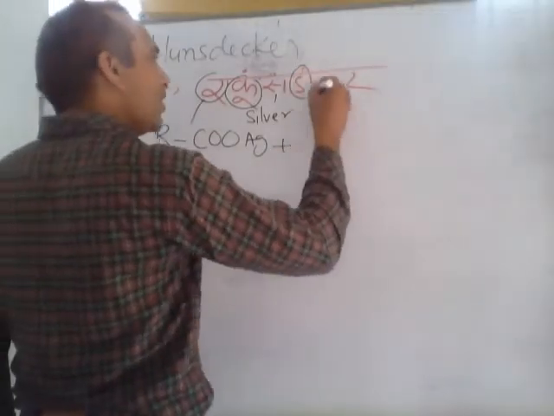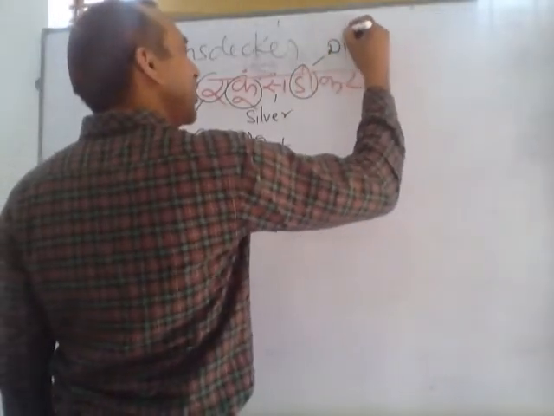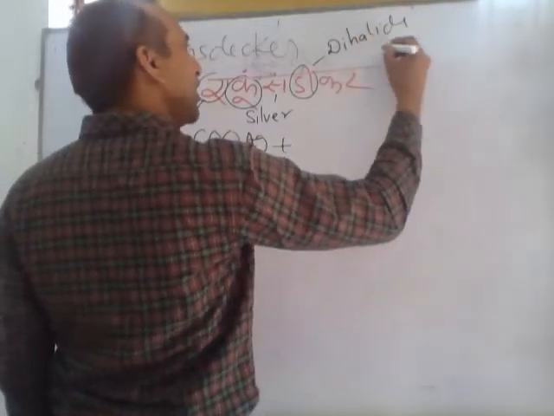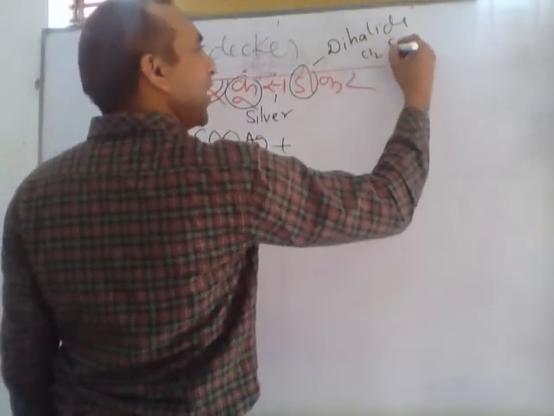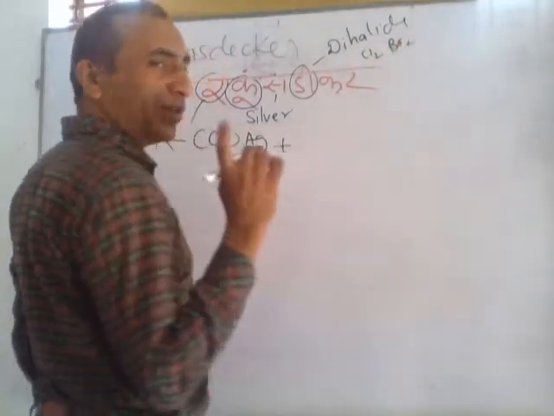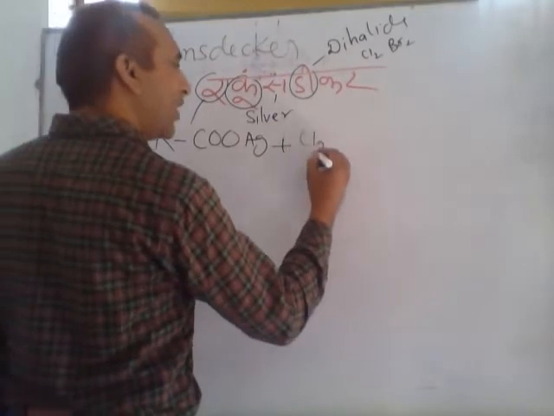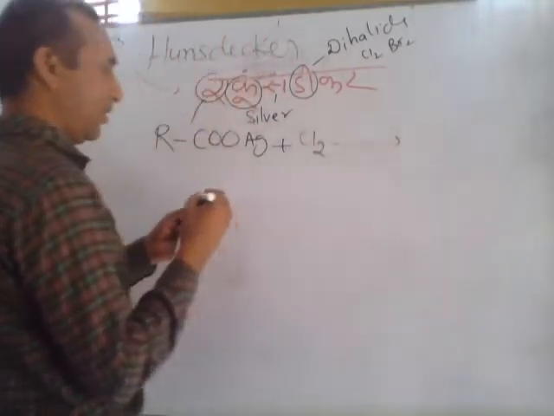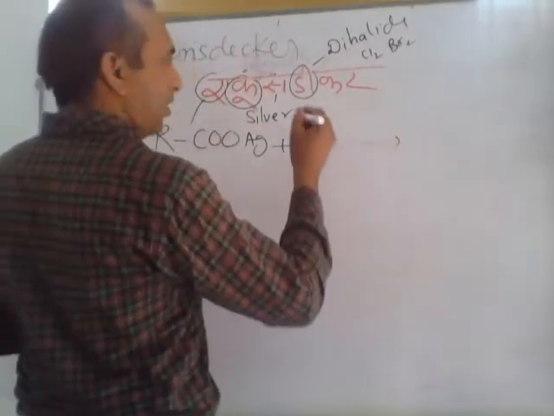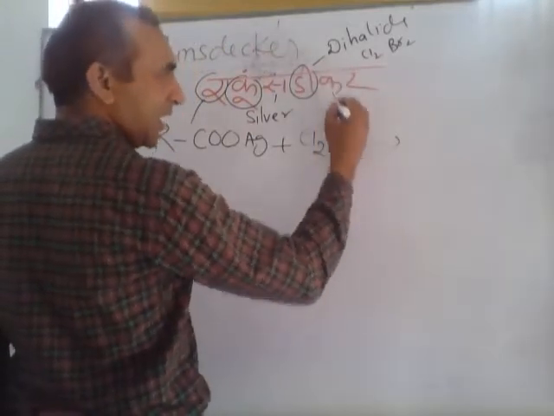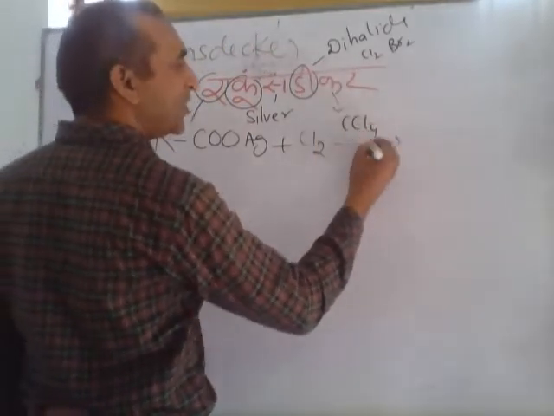Here, this D means dihalide. Dihalide means we can use dichloride, dibromide, but not difluoride or diiodide. And this Ka stands for CCl4.